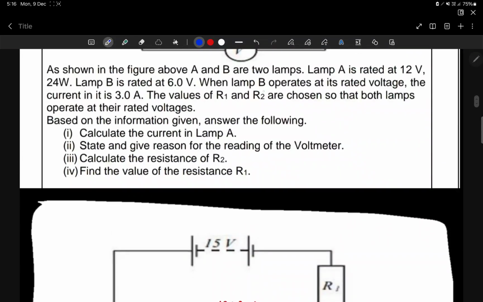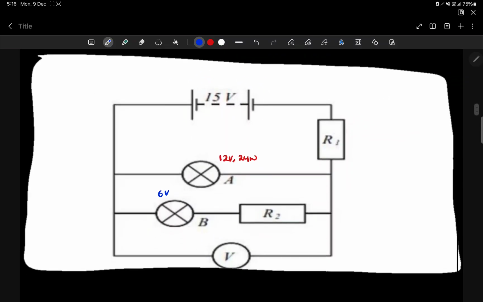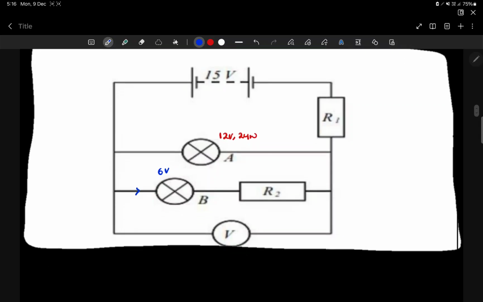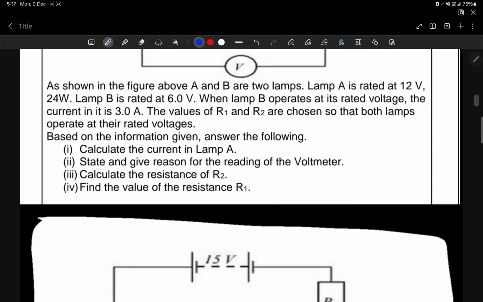Again, when lamp B operates at its rated voltage, the current in it is 3 ampere. Then the values of R1 and R2 are chosen so that both lamps operate at their rated voltages. So based on the information given in the above paragraph, answer the following questions.